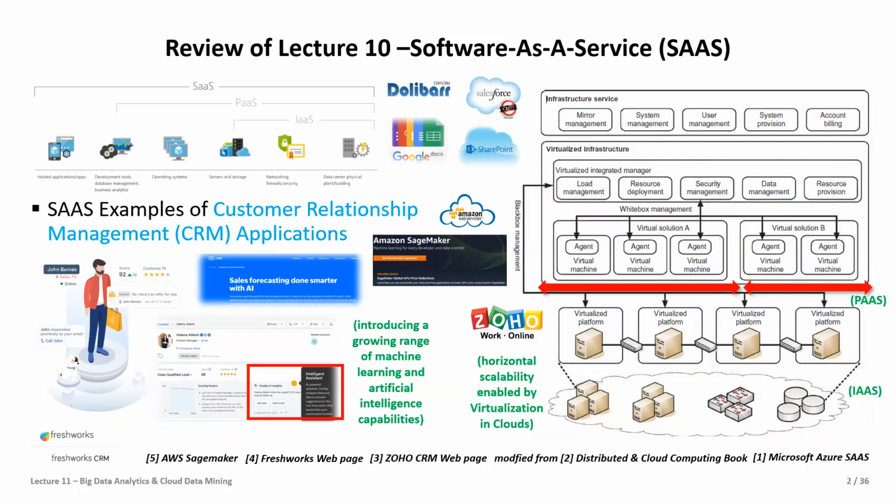Then the one on top of this, we said, is PaaS. Here we're talking about platform as a service, where you have virtualized different environments, oriented more towards developers, people that develop something in the cloud on top of this platform.